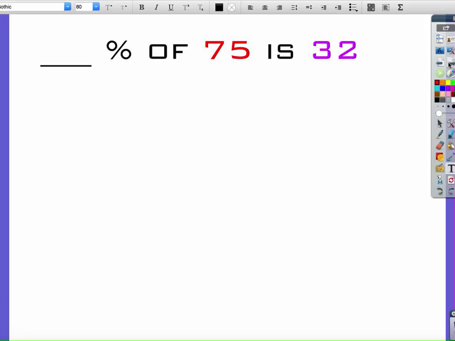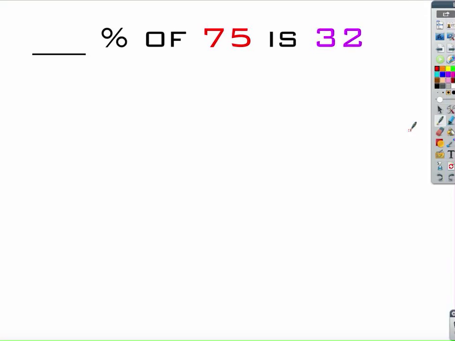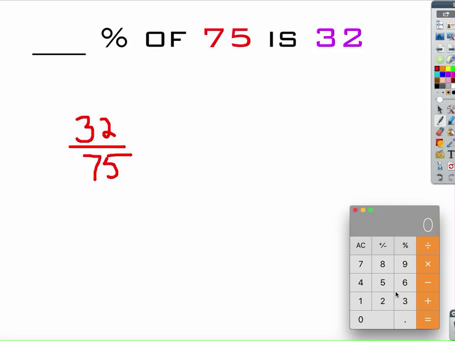So let's try another one. Now this one's just written a little different, but it's exactly the same problem. What percent of 75 is 32? So we set it up as a fraction first. We're talking 32 out of 75. Well, that fraction bar means divide. So we're going to take 32 divided by 75 equals, and there's our decimal number.